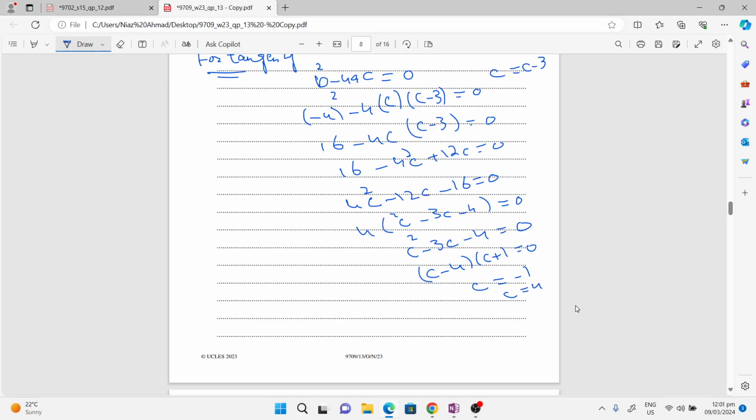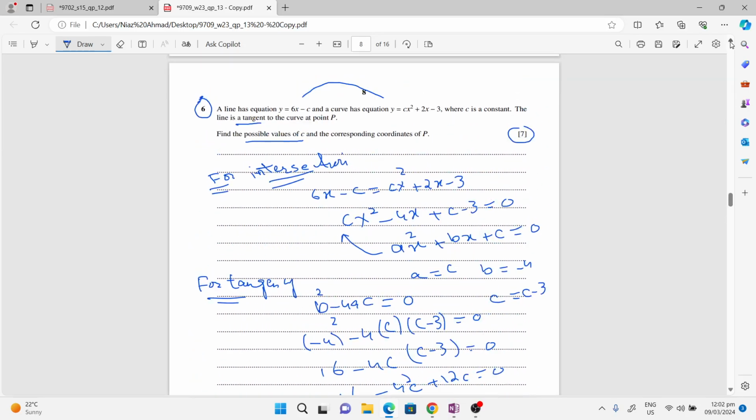So look, now you have to find the coordinates of p as well. So for c equal to negative 1, what was my equation? You have to go up. That's my equation of the curve, cx square.